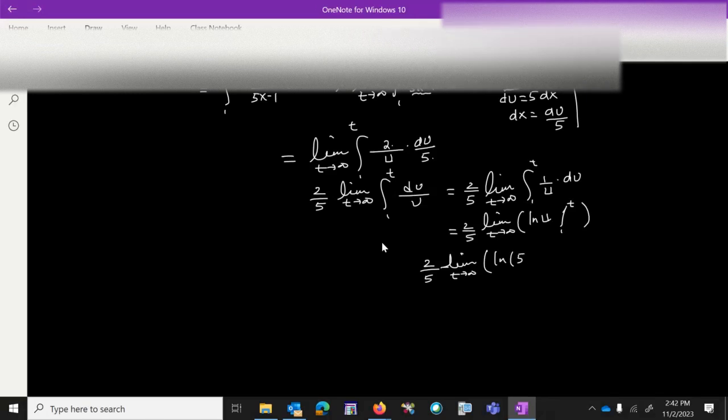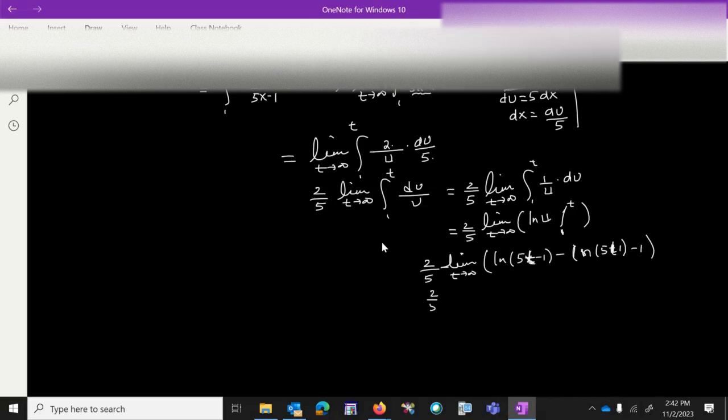So it is ln of 5x minus 1, minus ln of 5 times 1 minus 1, because that's the lower limit I'm plugging in, and this x can be t because that's the upper limit.